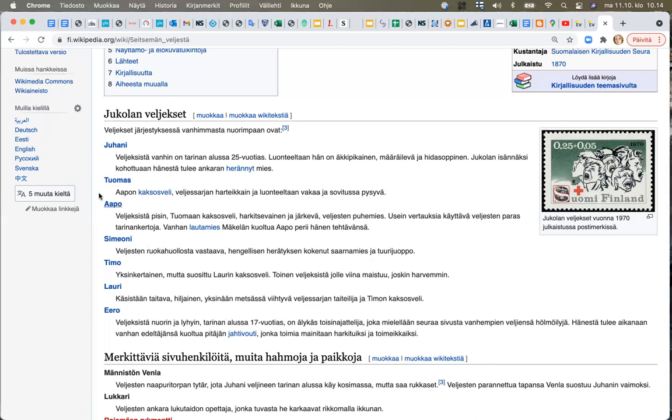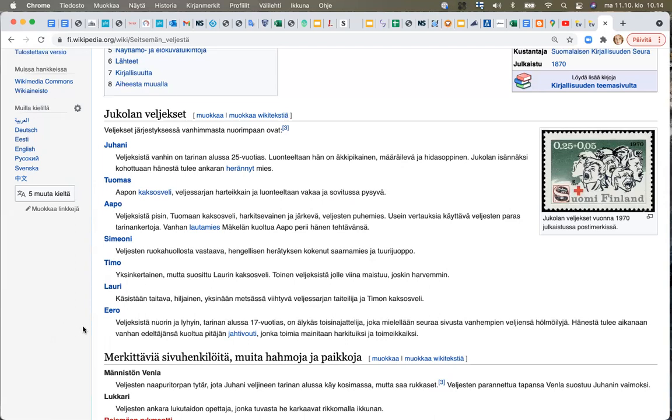So the combination is that we have Juhani, then Tuomas and Aapo twins, then Simeoni alone in a way. Then we have Timo and Lauri, who are also twins. And again, we have Eero, who is the youngest. So there's a combination of 1 and 2 and 3. Then we have a combination of 2 and another combination of 2. So what you get is many interesting relationships between these characters because they are all different.